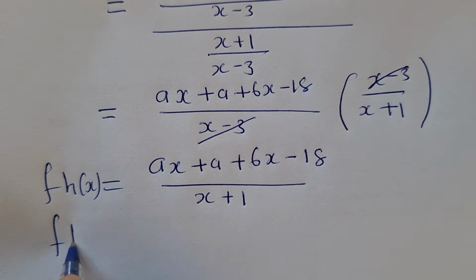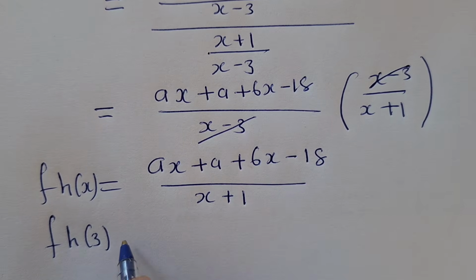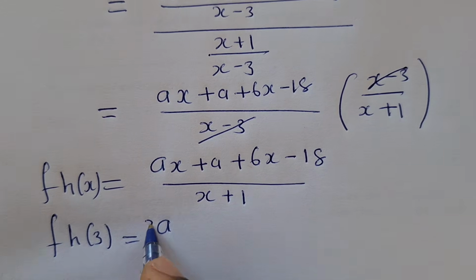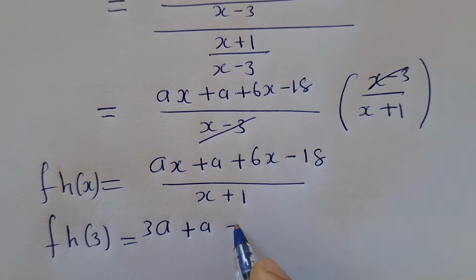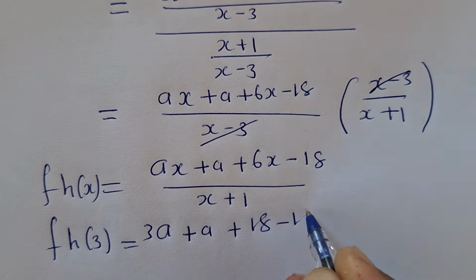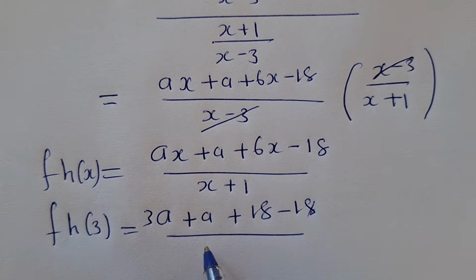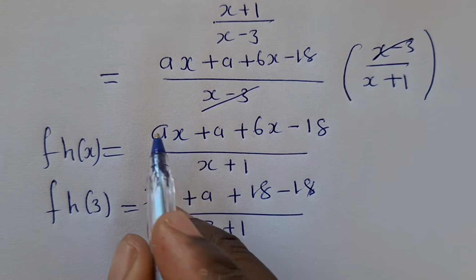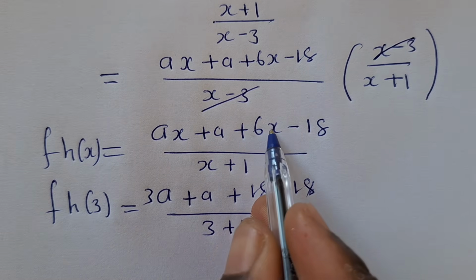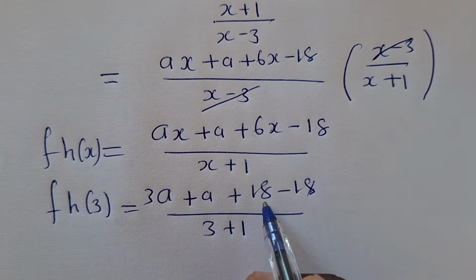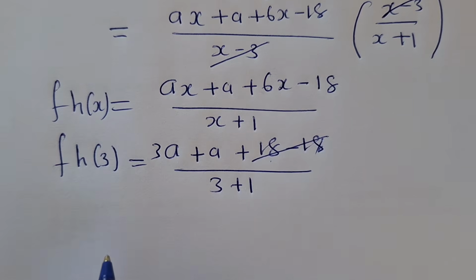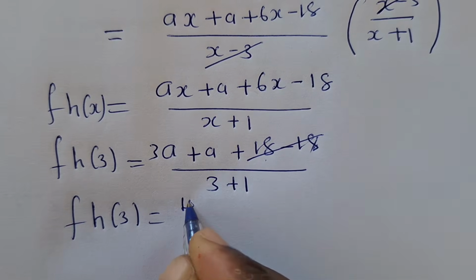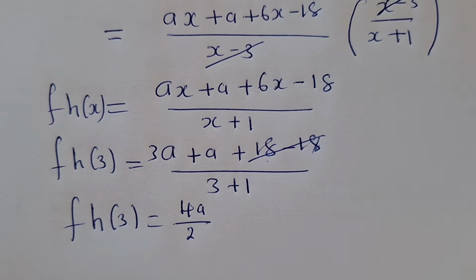So we can find f of h of 3. This will simply be to substitute 3 where x is. That is 3a + a + 18 - 18 over 3 + 1. So you see, I've put a 3 here, so it will be 3 times a, which is 3a. A 3 here, it will be 6 times 3, which gives us 18. So these two will go. So our f of h of 3 is equal to 4a over 4.